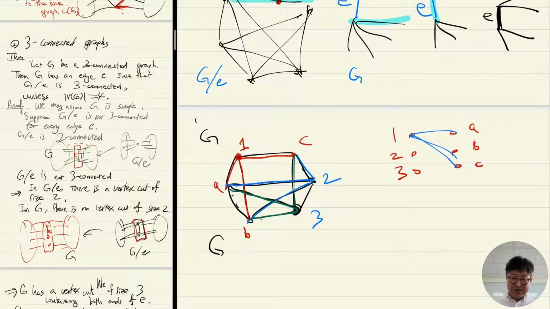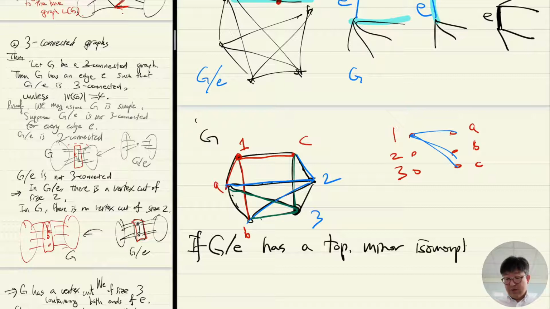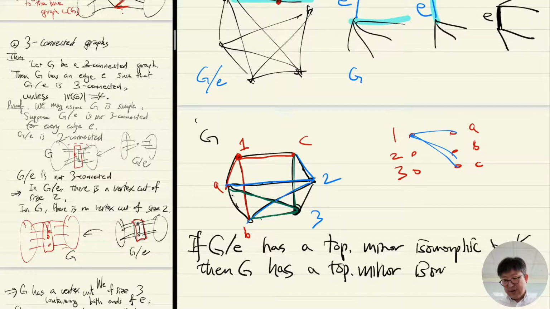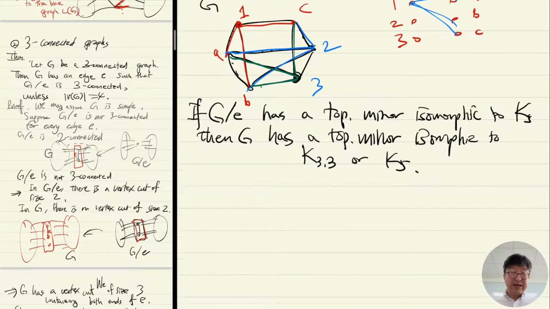So the conclusion: if G contract E has a topological minor isomorphic to K5, then G has a topological minor isomorphic to K33 or K5. Okay? But in both cases, we got a contradiction because we assumed that such a thing doesn't exist.